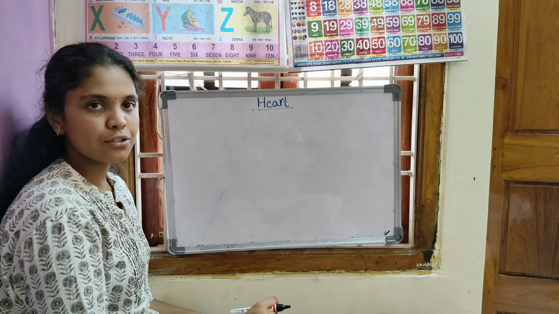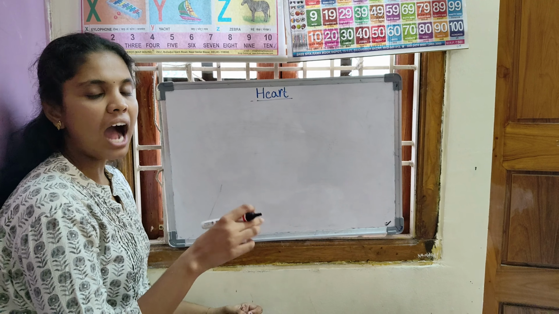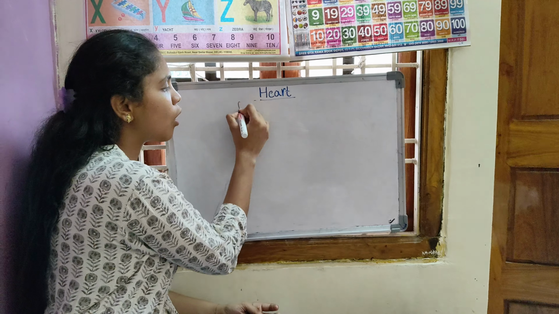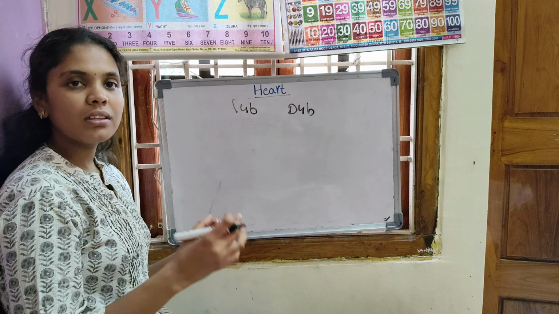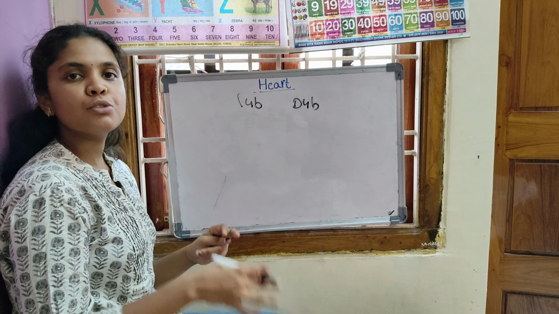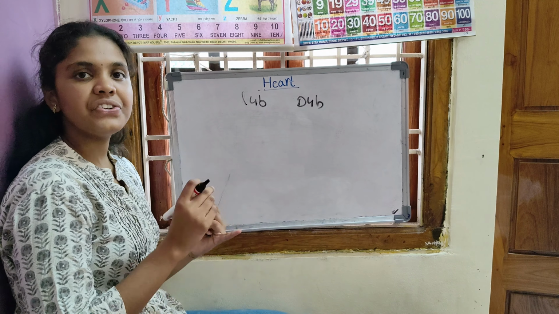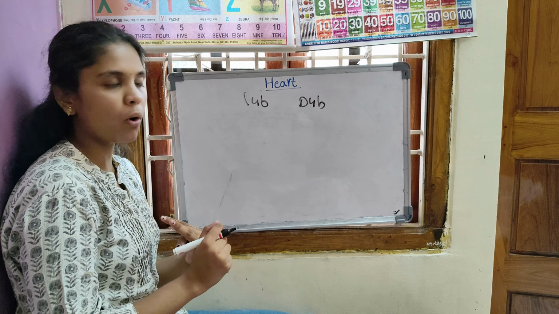And by using a stethoscope, when we listen to the sound of the heart, we hear sounds called lub and dub. The reason for this sound is the two valves we learned previously, the tricuspid valve and the bicuspid valve.